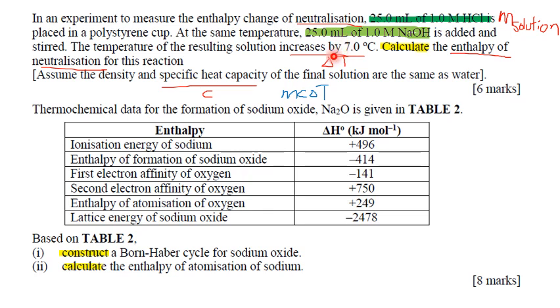The second part of the question: thermochemical data for the formation of sodium oxide, Na2O, is given. We need to construct a Born-Haber cycle for sodium oxide and calculate the enthalpy of atomization of sodium. Let's check the solution.